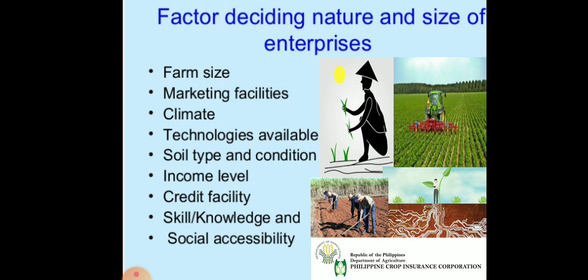The edaphic factor is the soil for agricultural production. The technologies available, the income level of your possible buyers and consumers, the credit facility.